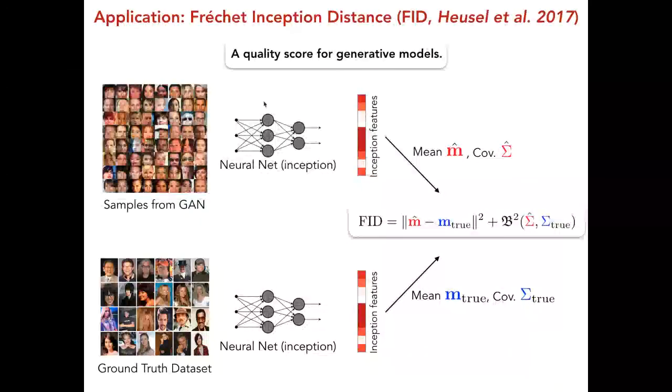So what they do is they take samples from their GAN and samples from their ground truth dataset. They feed them through an inception neural net, and they extract not the last feature, but the one just before that, a layer of size 2000. So they have features of size 2000.